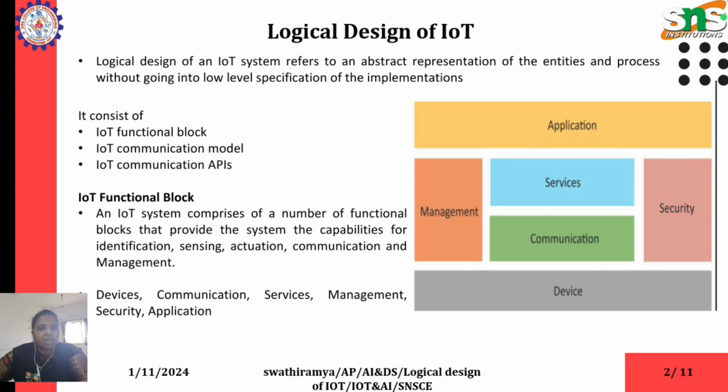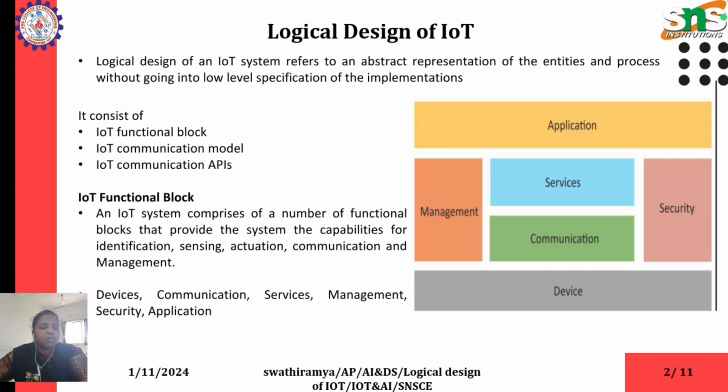Once the data has been collected, it has to be communicated to another device or database. So the next block is communication: which communication protocols we use in an IoT system and how communication happens, because communication is the nervous system of the IoT system.